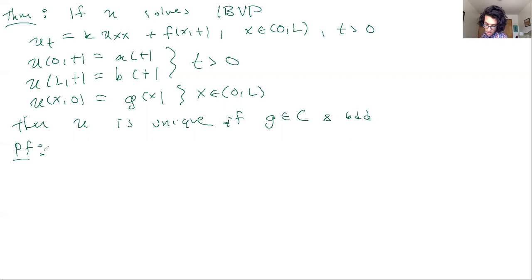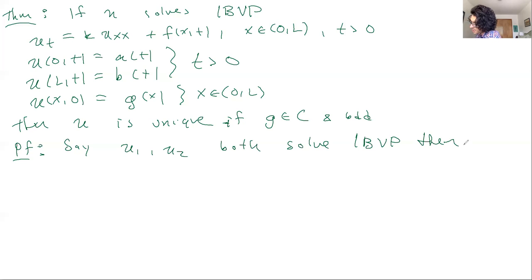So how do we proceed with this? Well, we follow the logic of the wave equation energy function arguments. The idea is that if you had two solutions U1 and U2 to the IBVP, then we'll define this function W, U1 minus U2, which solves the following initial boundary value problem.